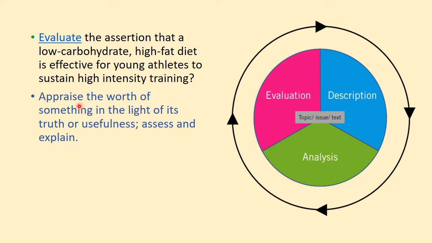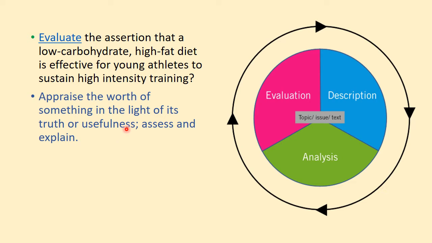So if we think about that in relation to the content words, what we've got to do is to decide from our research whether this diet is something that's positive for these athletes doing this. Where is the truth or the evidence that this is actually effective? Where is the evidence that this is useful?